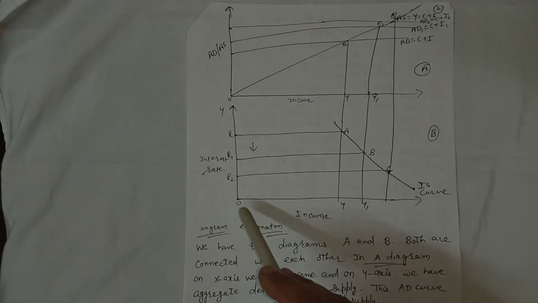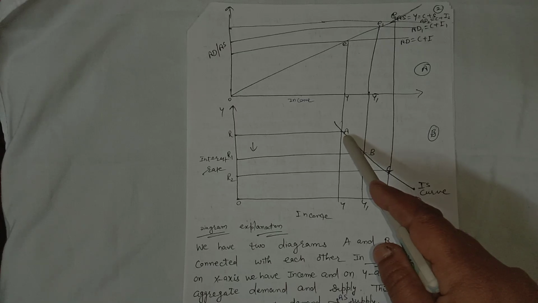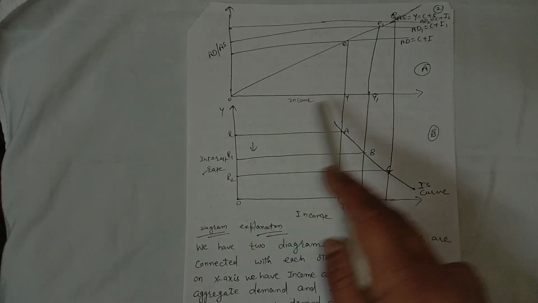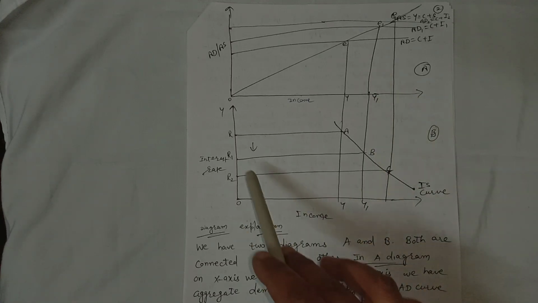Firstly, OR is the interest rate and OY is income. Here the equilibrium point is A, income is OY, because both diagrams are interconnected with each other.